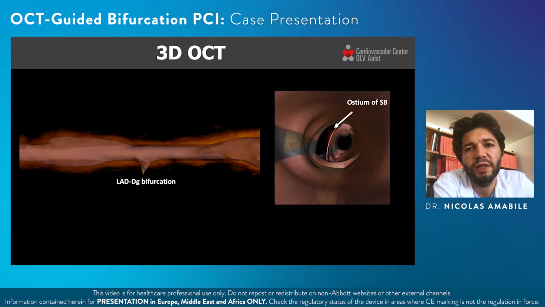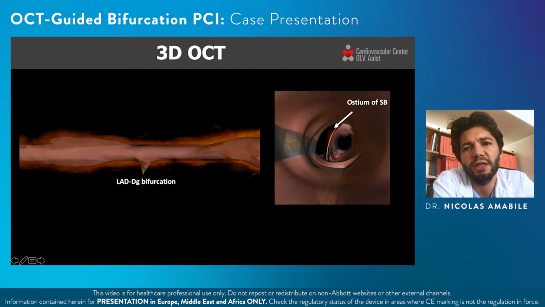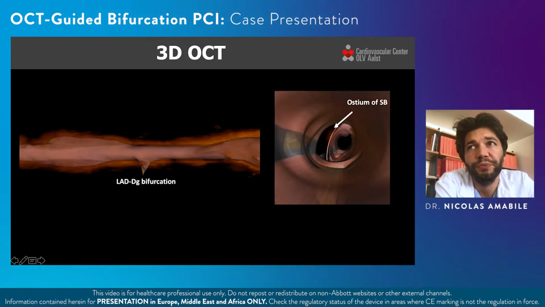So that's why I think that OCT is quite indicated, and especially in bifurcation, because it will really help the operator to get a better choice for the treatment. In case of first episode of in-stent restenosis related to neointimal hyperplasia, a drug-eluting balloon is quite correct. But in case of neoatherosclerosis, I would personally go more for a drug-eluting stent.